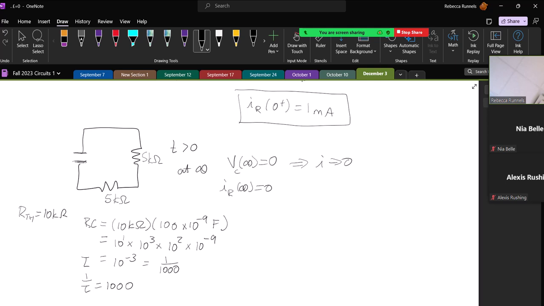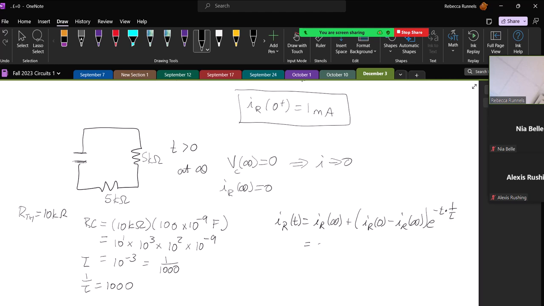So now I can plug into my formula, which was that IR of t equals IR at infinity plus IR at 0 minus IR at infinity e to the minus t times 1 over tau.